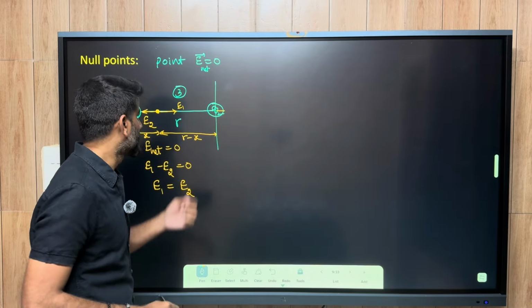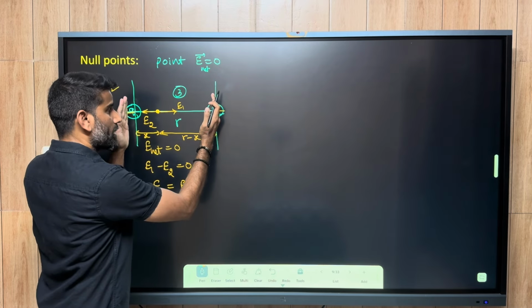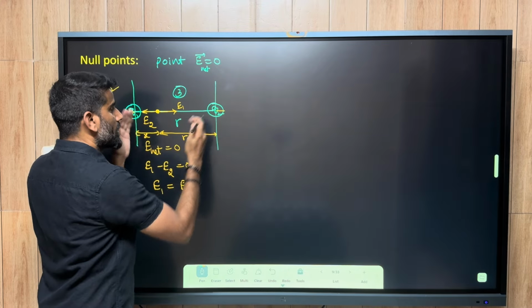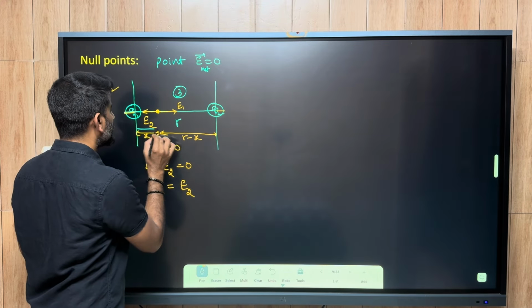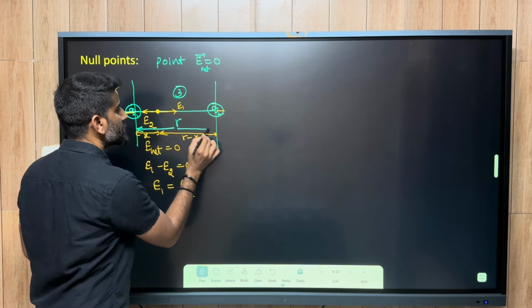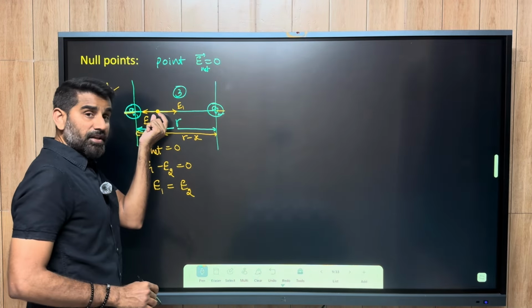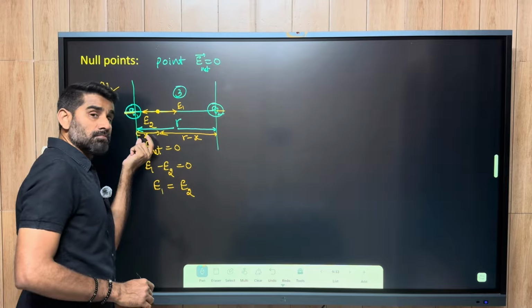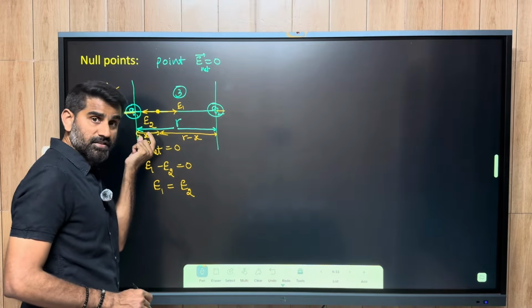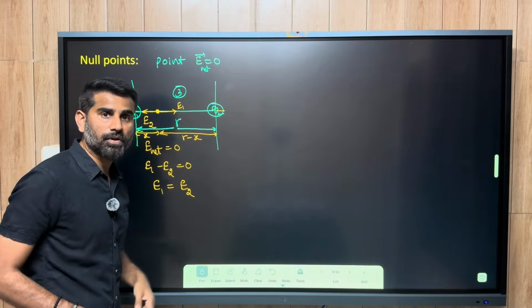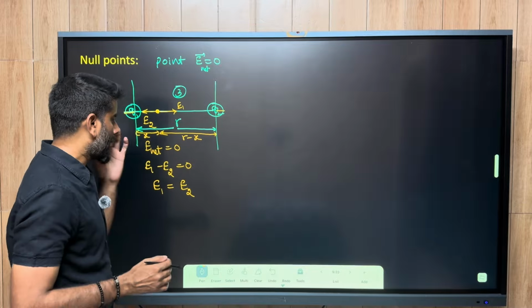Hope you have understood this. If this total distance is R, as I have already mentioned here. Total distance is R. Now, if the point is considered from the smaller charge at a distance x, then the rest of the distance will be R minus x, right?